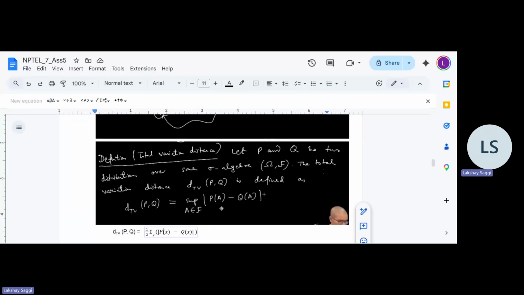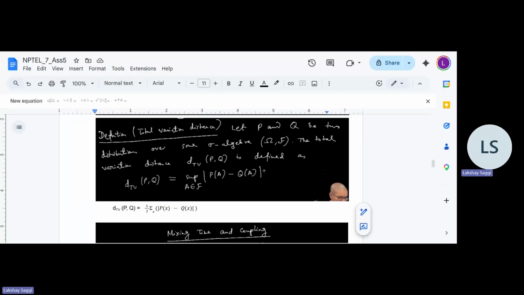This can also be thought of as an integration if these are continuous distributions. But if these are discrete distributions, you can just take the summation: sum over all possible values of the random variable x, consider p of x and q of x, take the difference, and sum it over all possible x.